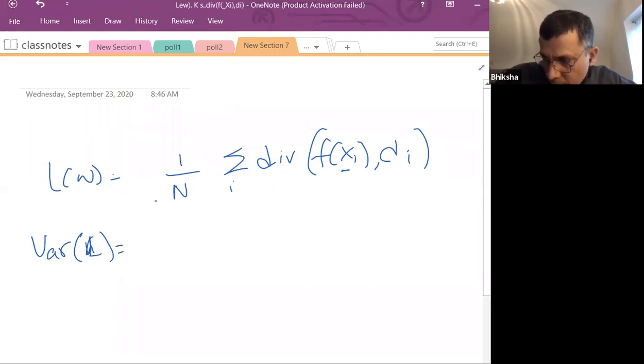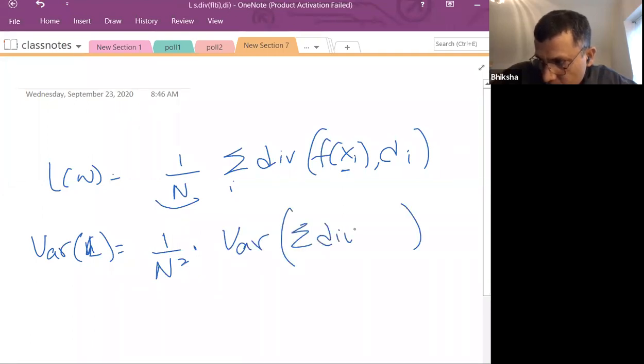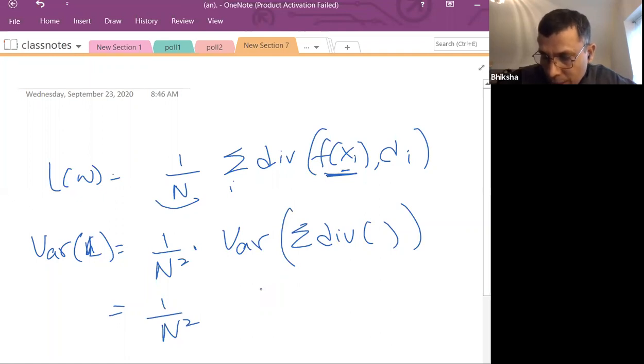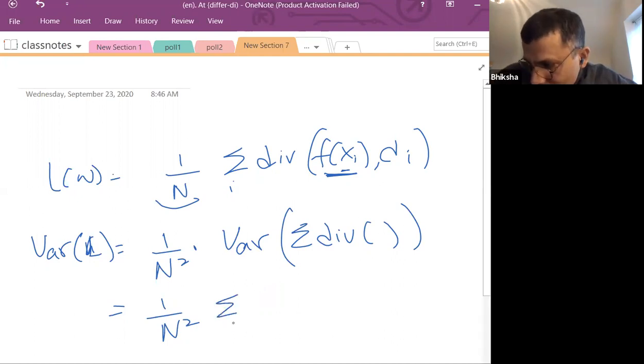Because of this multiplier, the variance of the loss is going to be 1 over n squared times the variance of the summation of the divergences for the individual instances. Because these are all independently drawn, when you have a bunch of independently drawn random variables, the variance of their sum is the sum of their variances. So I can write this as the sum over i of the variance of the divergence of f of xi, di.